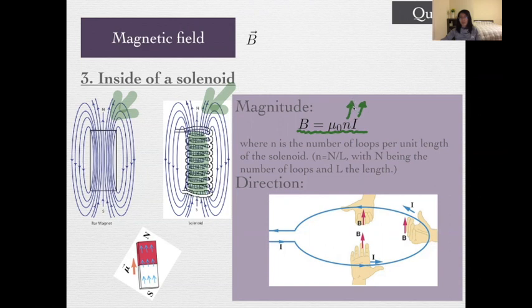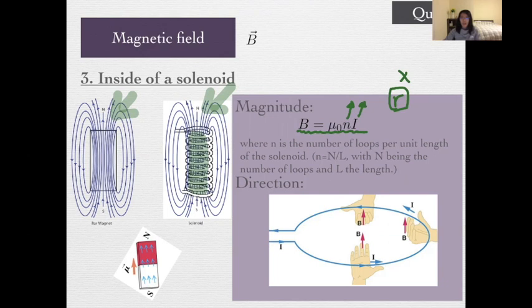If you have more loops per unit length, basically you have more contribution from the current, so that will also increase your magnetic field. You can see that the radius R doesn't really play a role anymore, because it's like holding all the lines together, so it becomes uniform. And if it's uniform, then R doesn't matter.